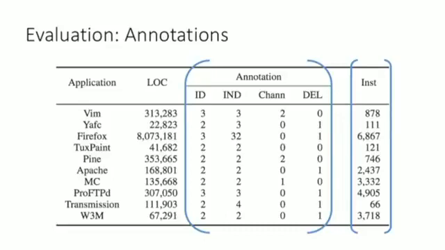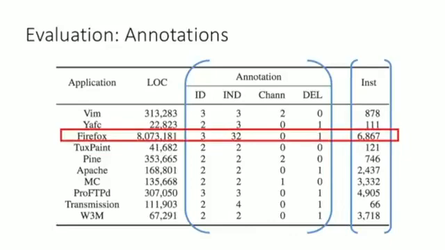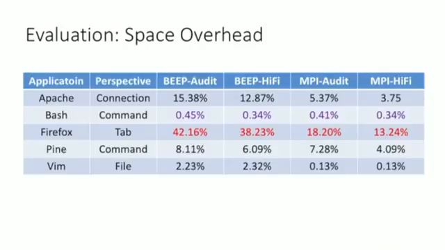So basically, you cannot really do it manually. And Firefox has the maximum number of annotations and also instrumentations. This is because of complexity. As you can see, the line count of Firefox is very large. It's a very big and complex program.